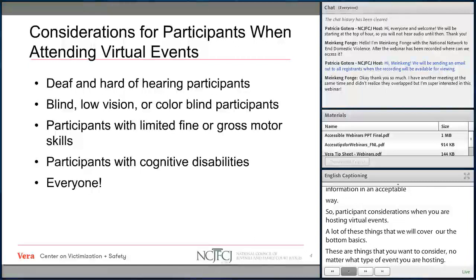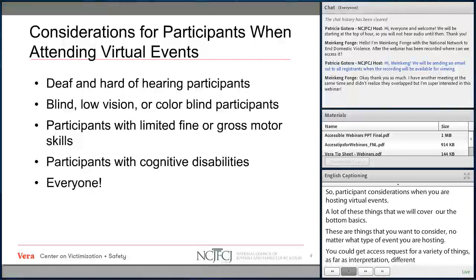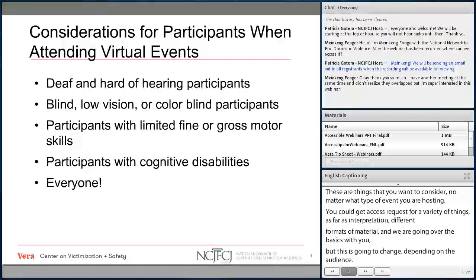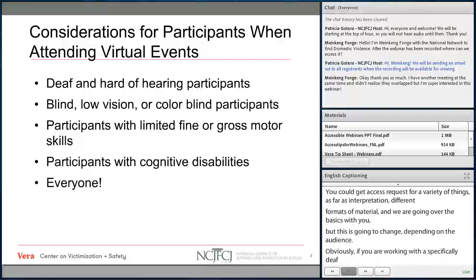So again, we're just going over the basics with you. But this is going to change depending on your audience. Obviously, if you're working with a specifically deaf community, then you're going to have a more specific set of registration instructions, and your format is going to look a lot different.